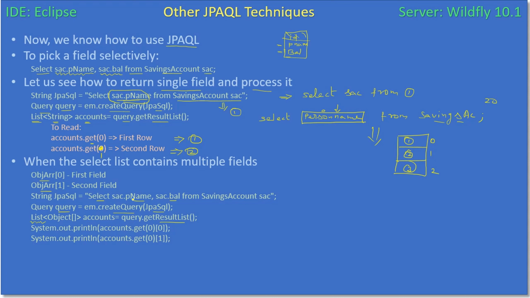Some entity may have 3 fields, some entity may have 20 fields, and out of the 20 you don't know in what order you will pick the fields and how many. You may pick 1, 2, 3, 4 fields, or 6, 9, 11, 16. So we don't know how many fields we will pick.